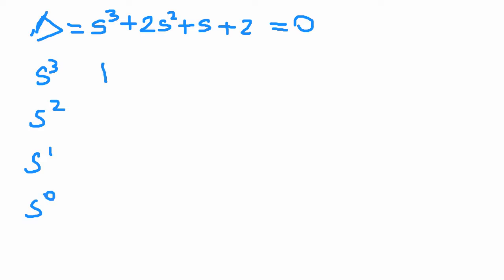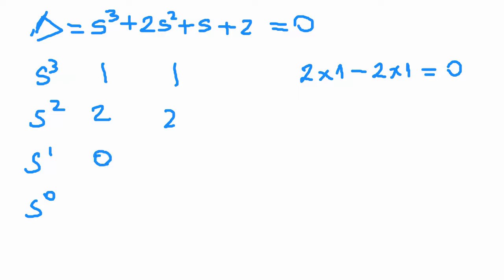So this is 1, 1. That's 2, 2. So what are you going to do? Two times 1 minus 2 times 1, which is equal to 0.